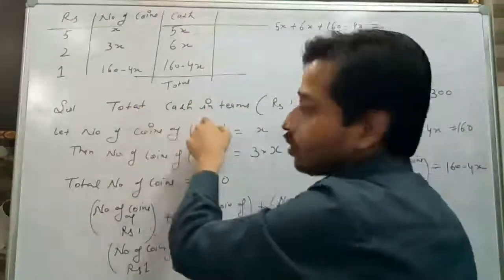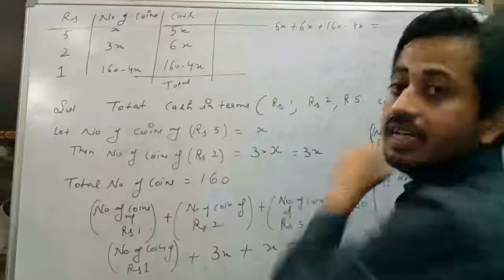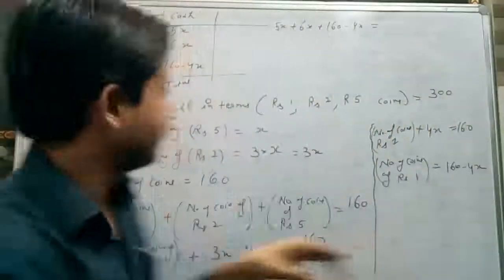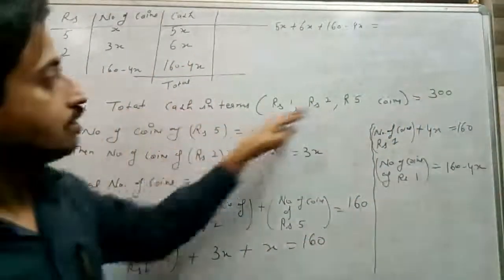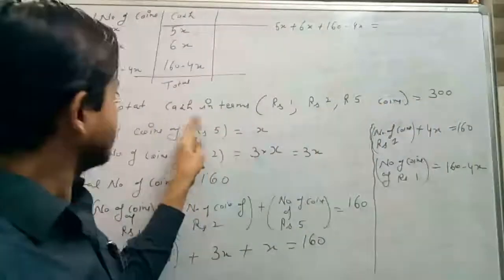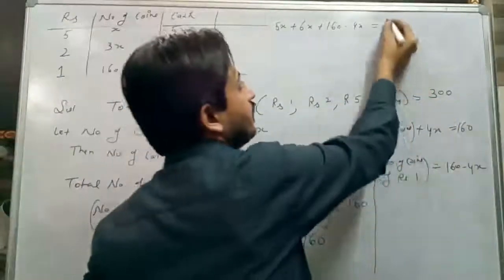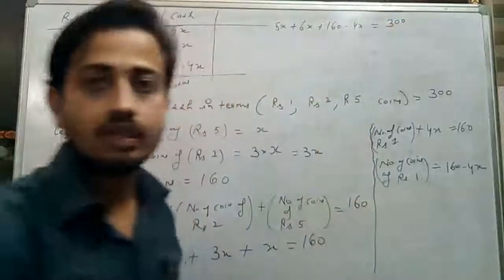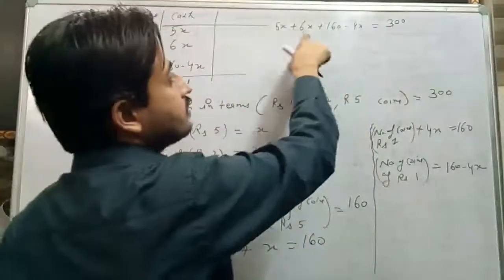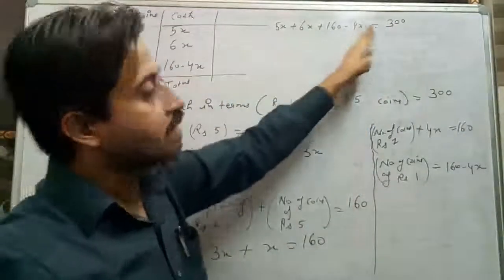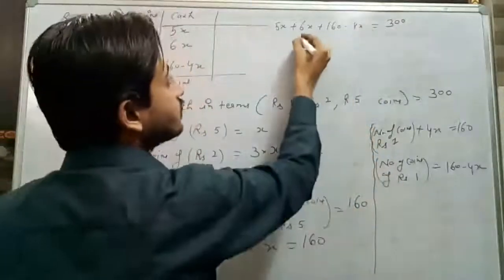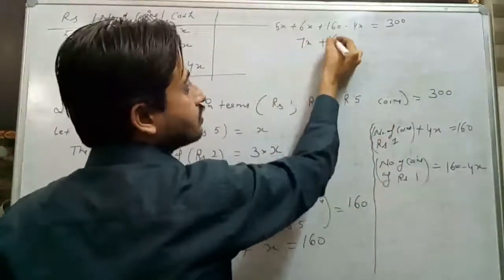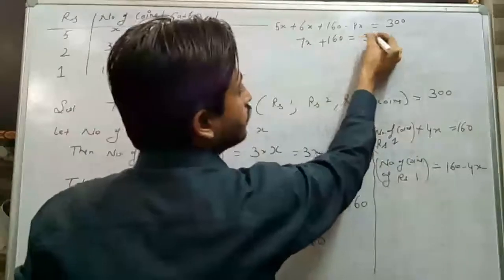And we already know total cash is 300 rupees, right here in the first statement. It means the expression is equal to 300. Now solve this. 5x plus 6x is 11x, 11x minus 4x is 7x, plus 160 is equal to 300.